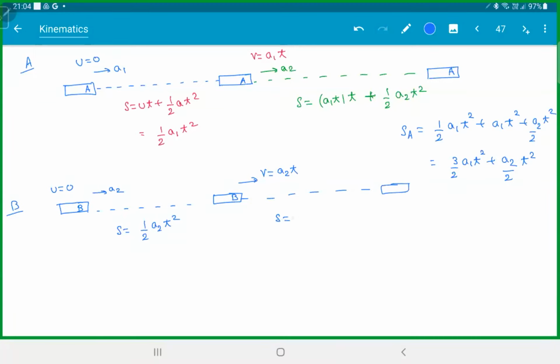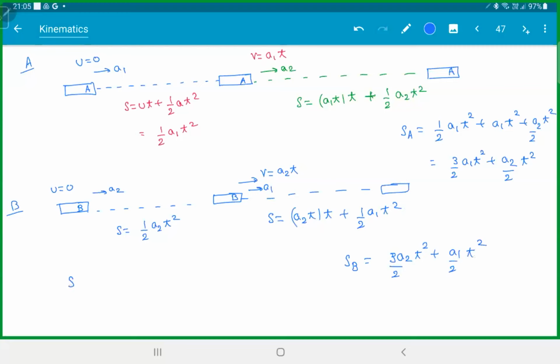Now your distance traveled will be initial speed a2 t into t plus half a1 t square, as now your acceleration has become a1. So the total distance traveled by B will be 3 a2 by 2 t square plus a1 by 2 t square.